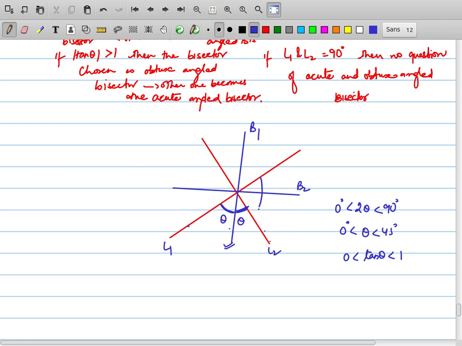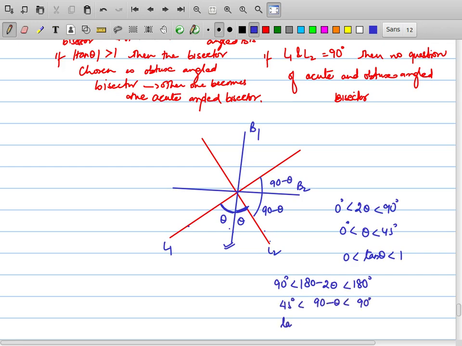Now if 2 theta is acute, then this other angle is 180 minus 2 theta. And since this is obtuse, it should lie between 90 and 180. Therefore this angle would be half of this, 90 minus theta, which is less than 90.